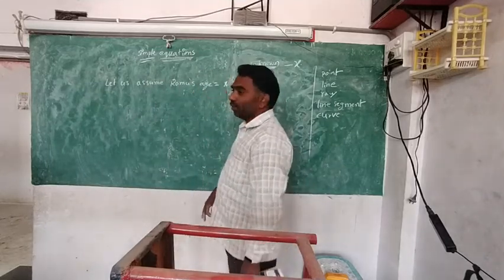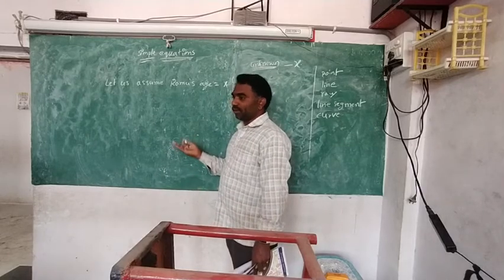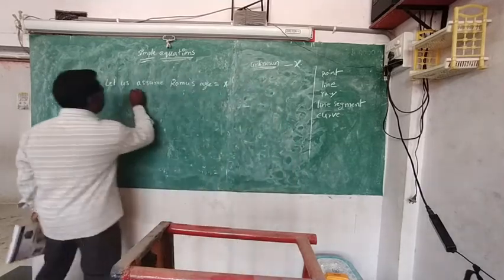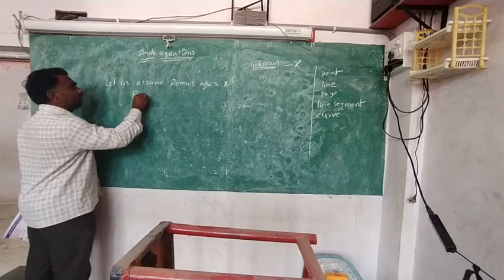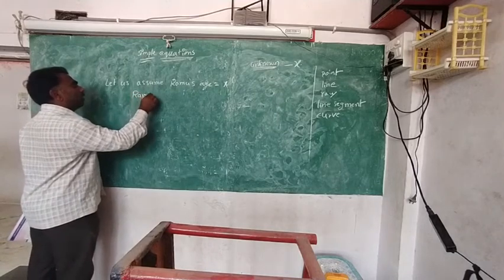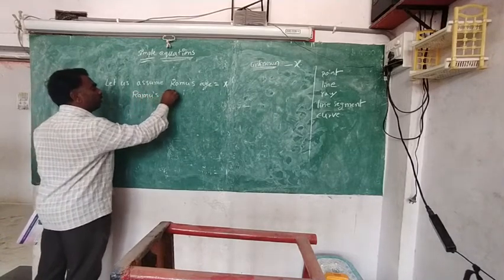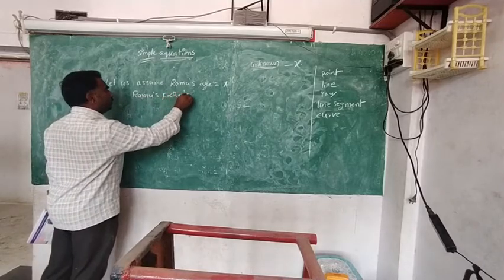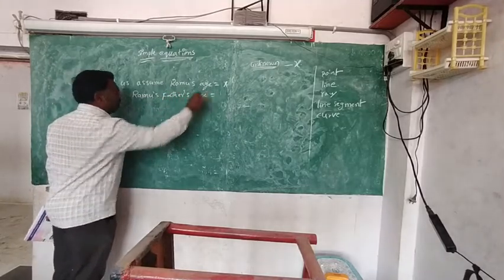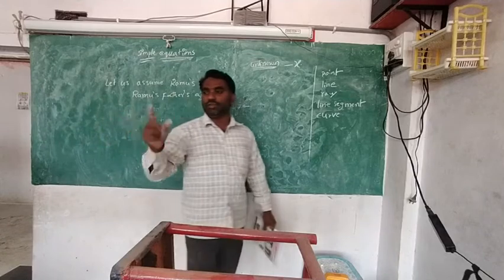Okay, next, one more unknown you have to find here. Very good. Ramu's father's age. Just revise that sentence and you can get it.